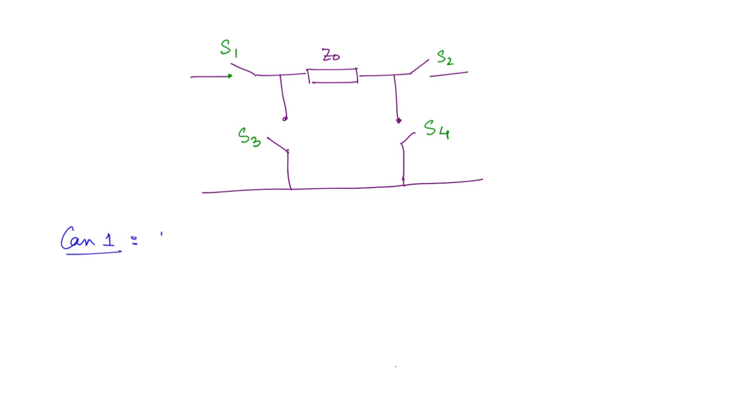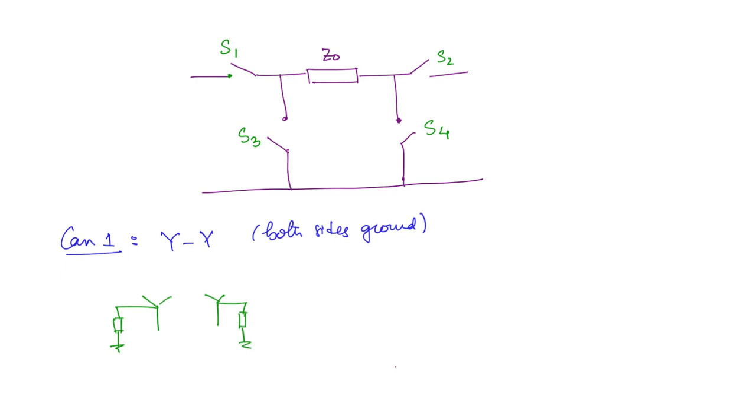Case 1, we will take a star-star connected transformer, both sides grounded. Here S1 and S2 both are going to be closed. We have star grounded, and the other side also star which is grounded.